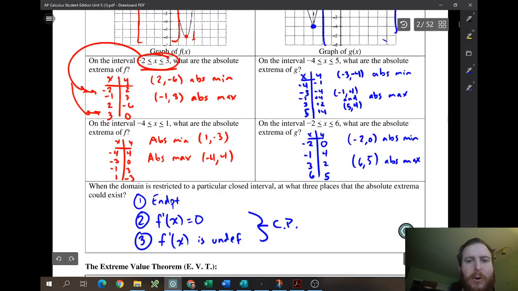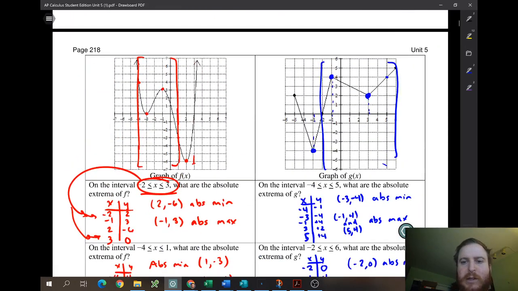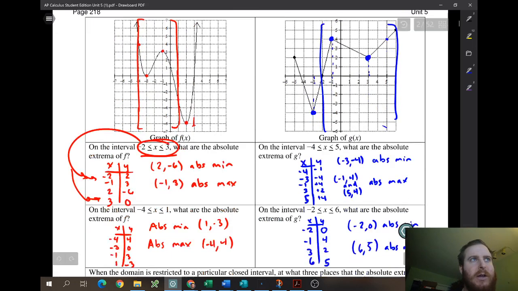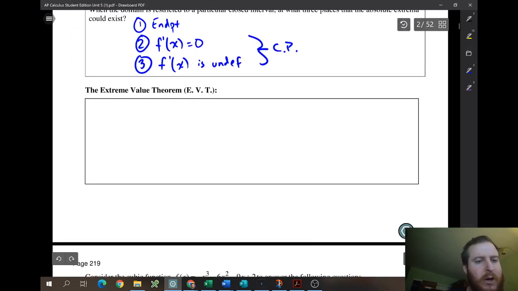Now, it is important that both of these graphs were continuous within the intervals we were looking at. Inside of those intervals, they were continuous. So that's an important concept for the extreme value theorem.